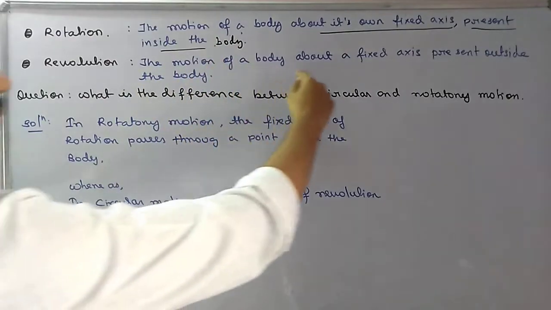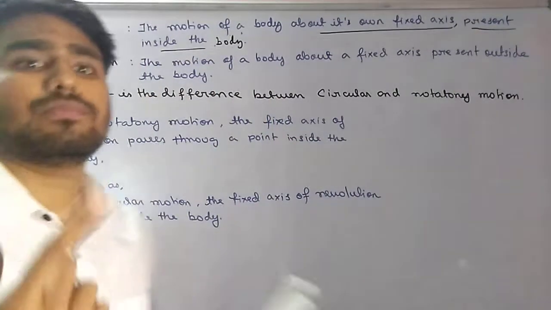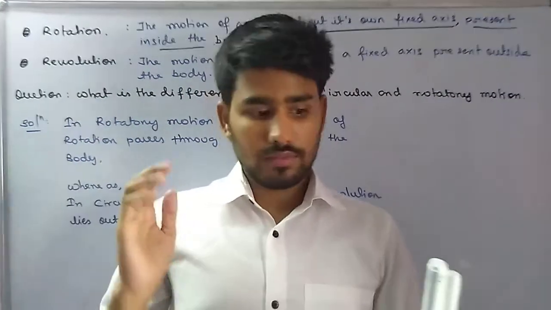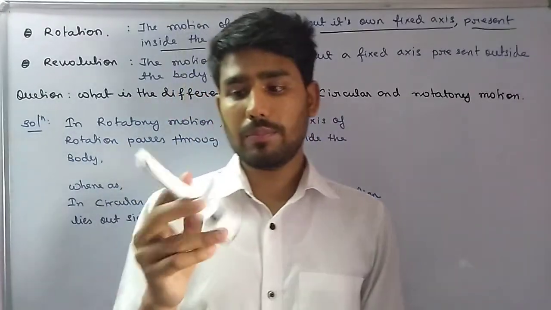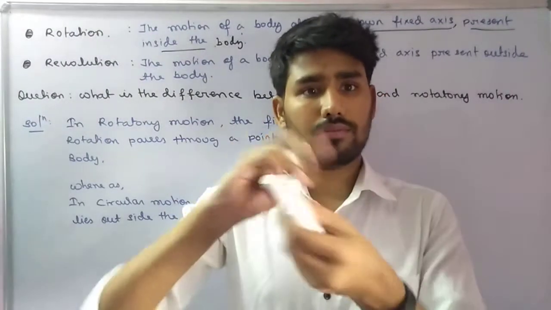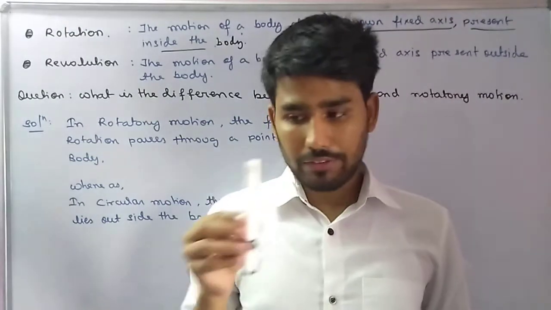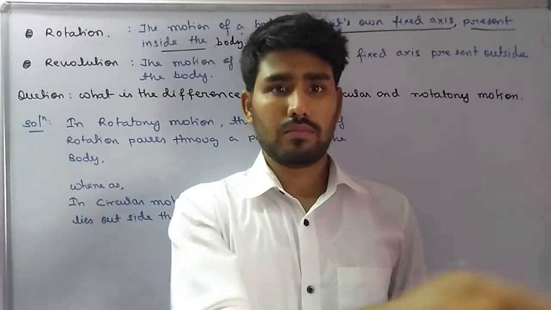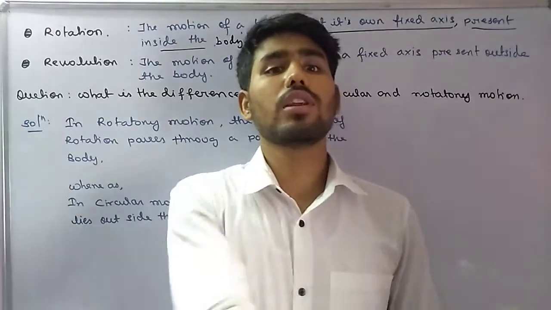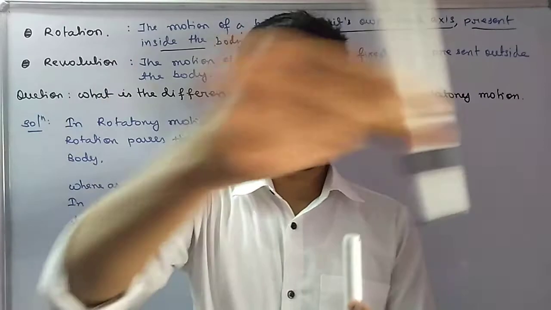The motion of a body about a fixed axis present outside the body. Revolution means, if this is a pen, if it begins to rotate like this, it is called rotation. But the same pen, if it begins to move like this, is called revolution, because now it is moving about a fixed axis like this.